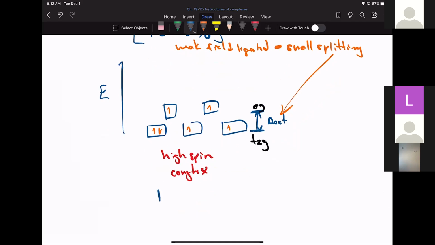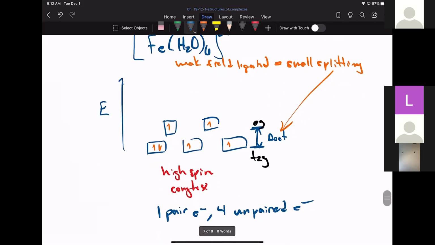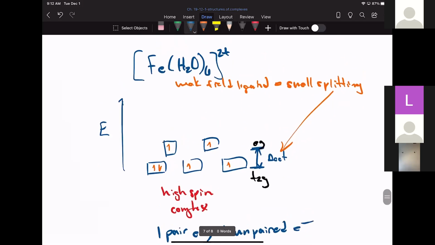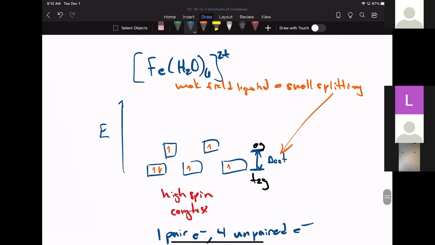We have one pair of electrons, and then 4 unpaired electrons. That's what happens with weak field ligands versus strong field ligands: there is a difference, and we fill up these d orbitals differently depending on the strength of the ligand.